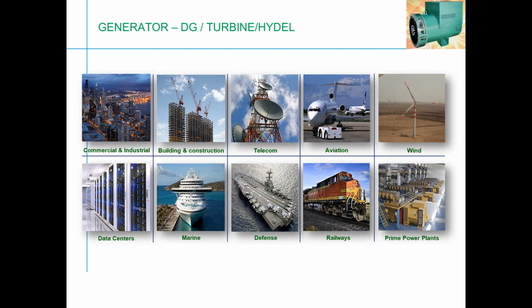It becomes the prime one required for any of the projects, apart from the HV substation or the LV substation. And recently you can see a prime example of what India has done with the Vikrant ship. The India made one is also powered by 24 megawatt power from generators.